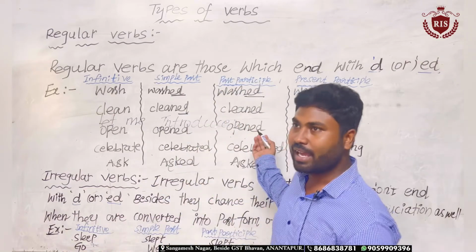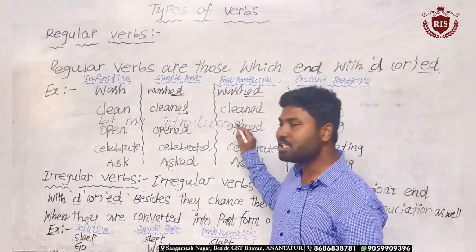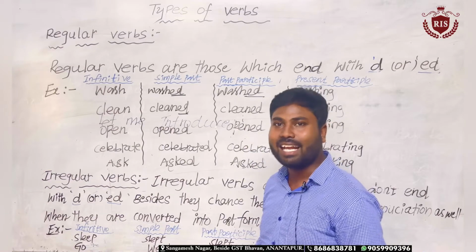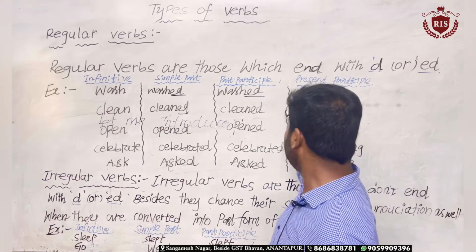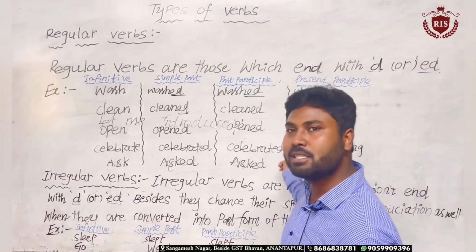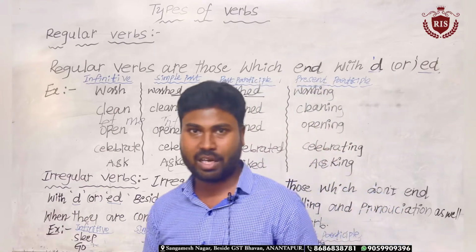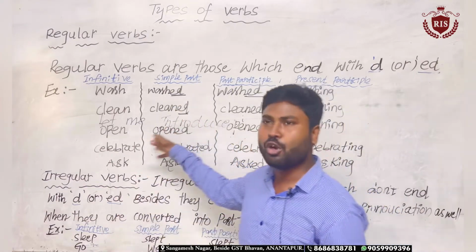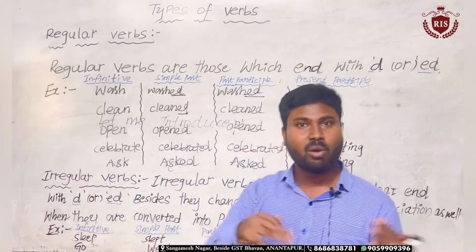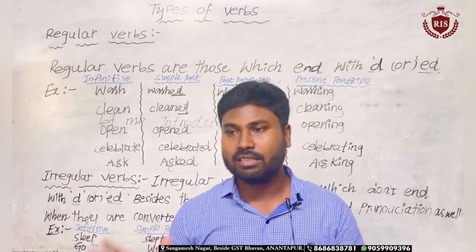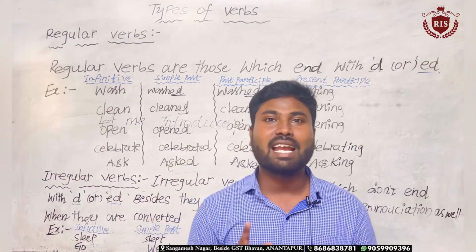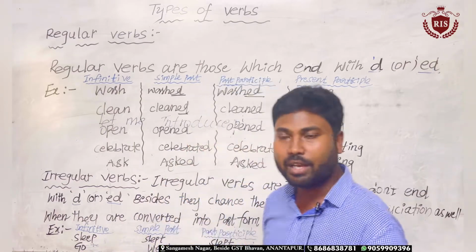Even the past participle is cleaned, which also ended with ED, right? So washing, cleaning, the present participle cannot be changed. Whatever the type of verb it is, regular or irregular, the present participle always ends with ing. Do remember that.